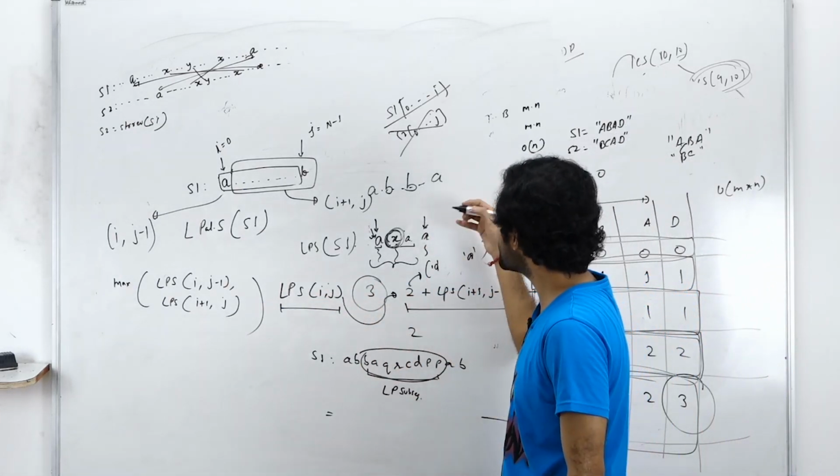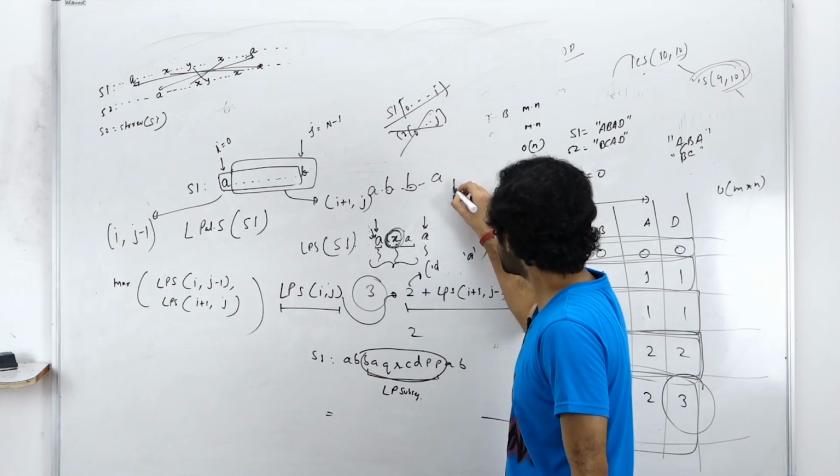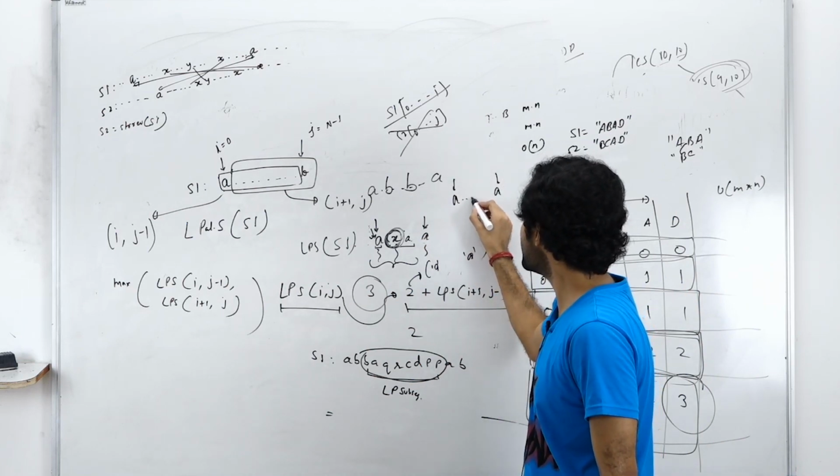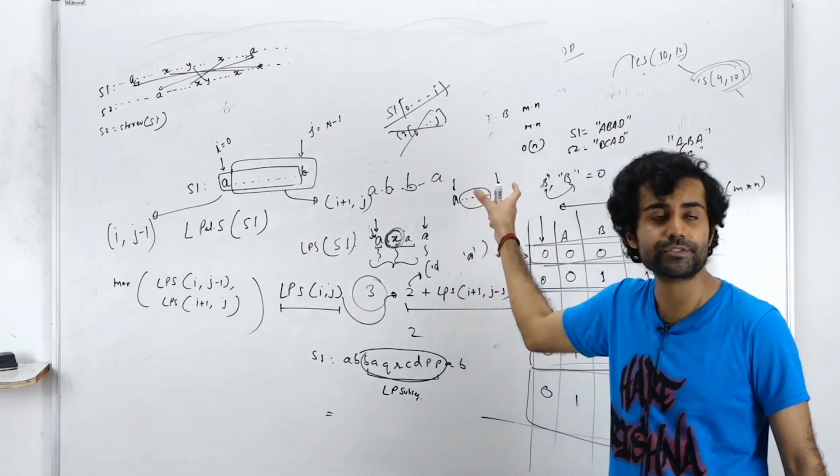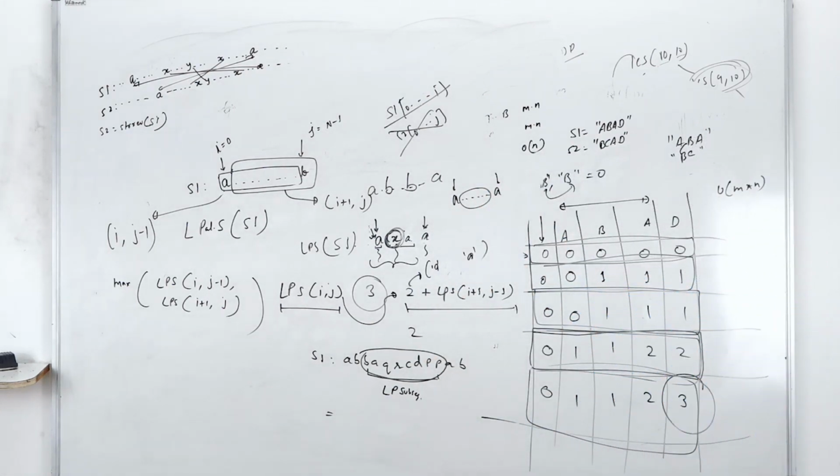The last two characters are matching and there is something in between. Can you not always take the contribution of these two last characters if they are matching? In the equality case, if the last two characters are matching, can you not always take the contribution of them? You can always take that, right?